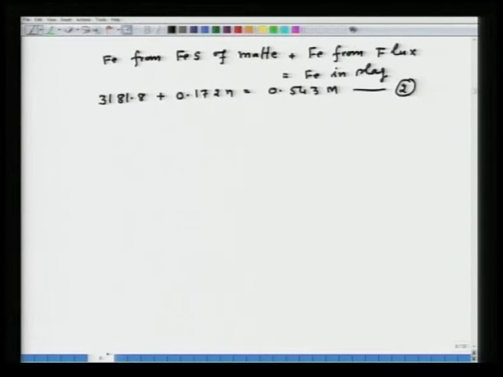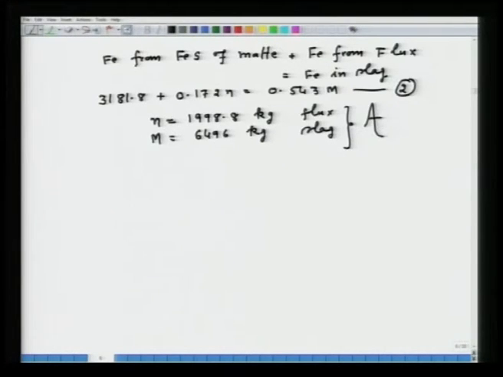By solving equations 1 and 2, we get N equal to 1998.8 kg, this is the weight of flux, and M, the weight of slag, is equal to 6496 kg. So, this is the answer.